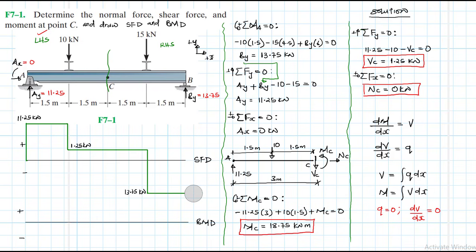They will interact algebraically. It means our shear is going to move and close at that point. So we have positive shear, then negative shear. We are done with the shear diagram. What we need to draw now is the moment diagram.